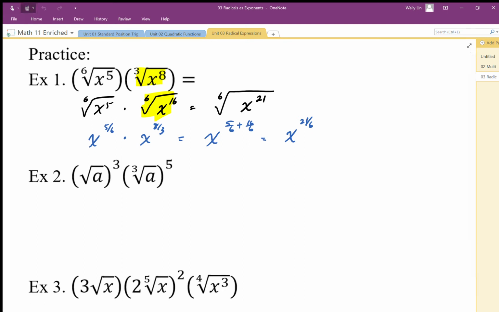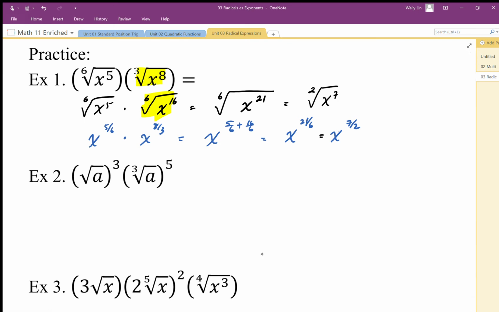Notice that we could leave it like this, but since there is a factor of 3 involved here, we can actually simplify this to the square root of x to the power 7. And that's the same thing here. This could be rewritten as x to the power 7 over 2, which is the same thing as the square root of x to the power 7.